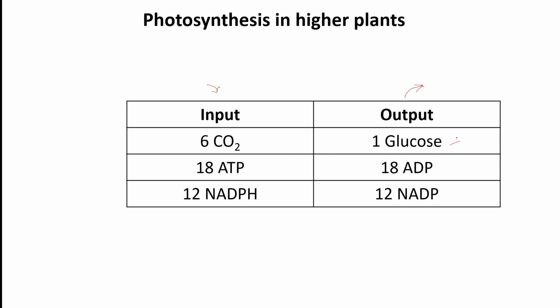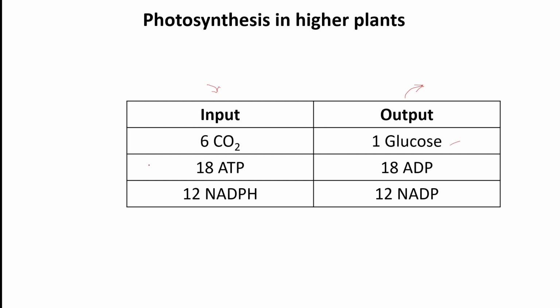18 ATP were used. Initially 12 ATP were used for the conversion of 3-phosphoglyceric acid into 1,3-bisphosphoglyceric acid, and then 6 ATP were used for the generation of 6 molecules of RuBP.